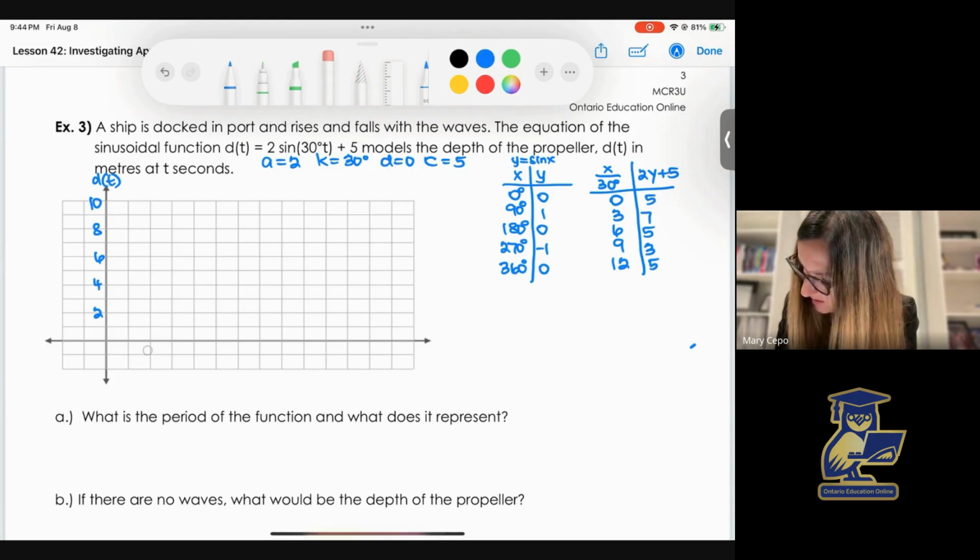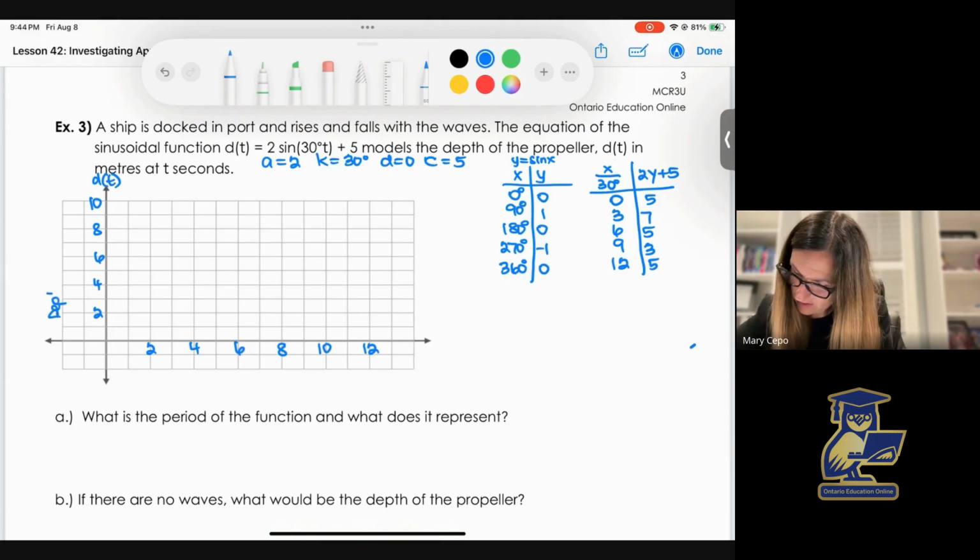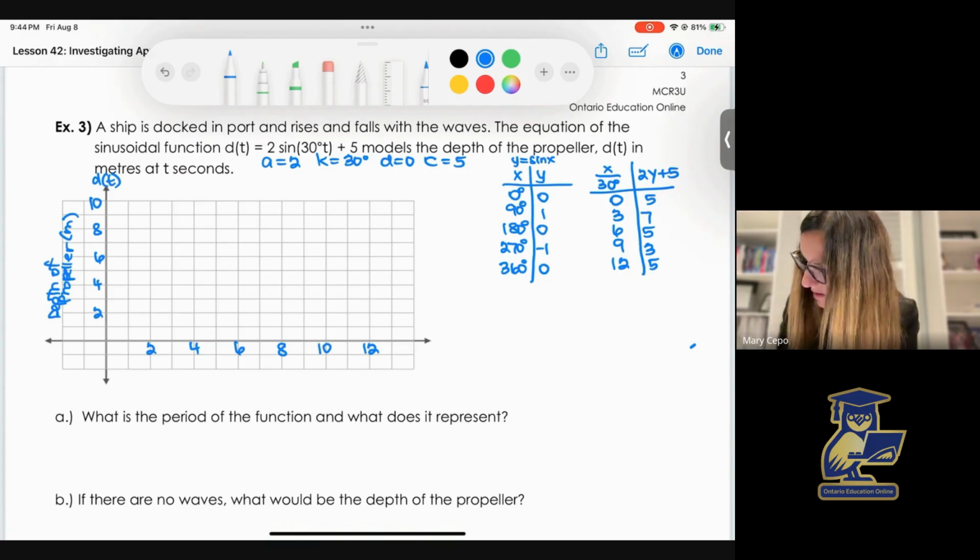We'll just label every other: 2, 4, 6, 8, 10, 12. So this is the depth of the propeller, which is in meters, and this is the time in seconds.